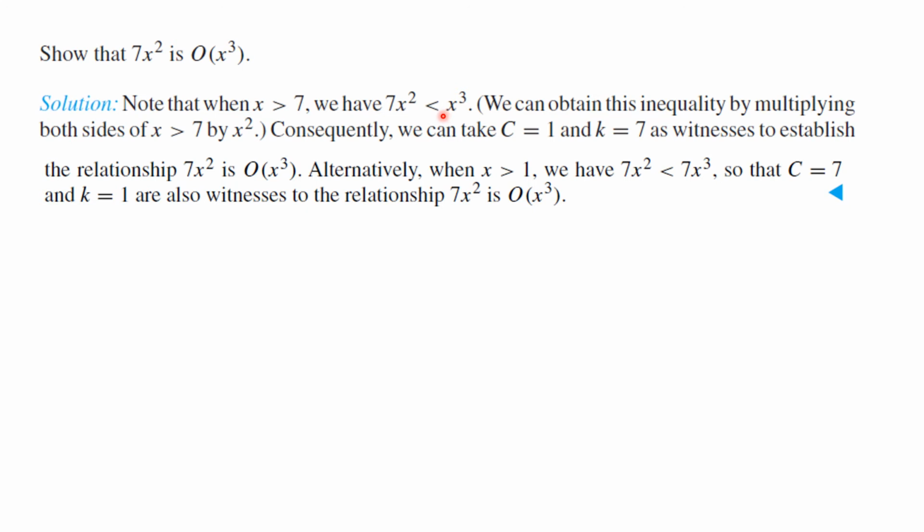We're multiplying by a positive number, so that doesn't change the sense of the inequality. So we can take c to be 1 and k to be 7 as witnesses and establish that 7x squared is big O of x cubed. Alternately, when x is bigger than 1, we have 7x squared is less than 7x cubed. So c is 7 and k is 1 are other witnesses to this relationship. So 7x squared is big O of x cubed.